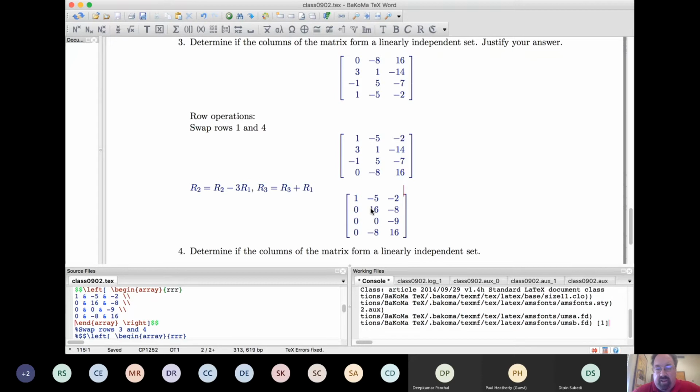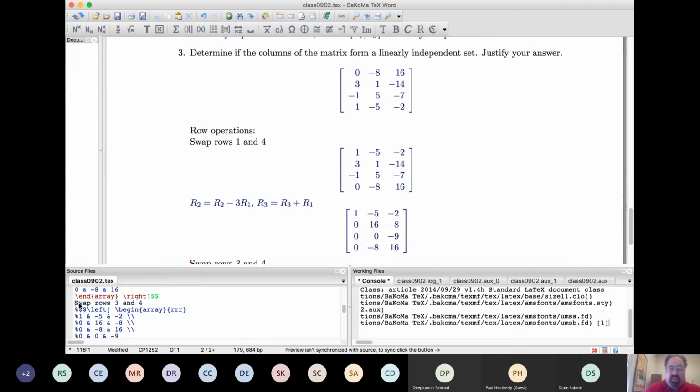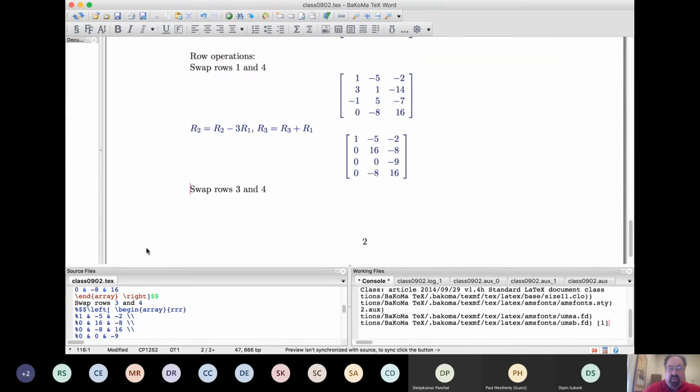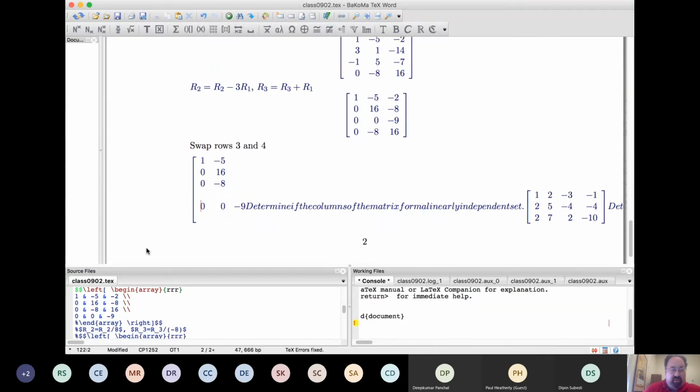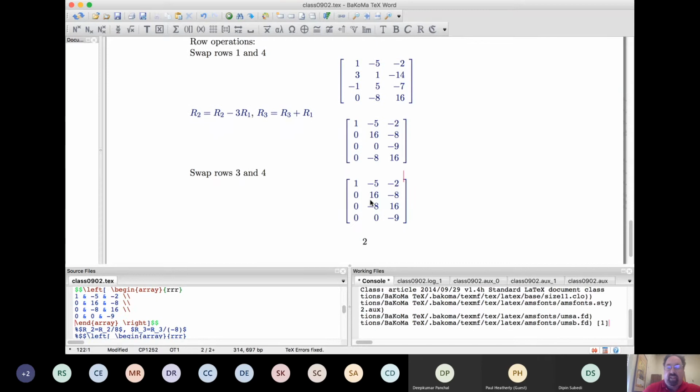Here we have all of these entries are multiples of 8, and same thing down here. This row, because it has a 0 in this position, we might as well move to the last. So swapping the last 2 rows, because then it gives us work on these to figure out everything else.